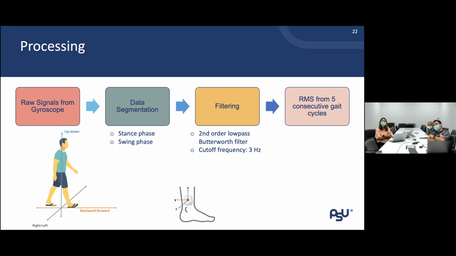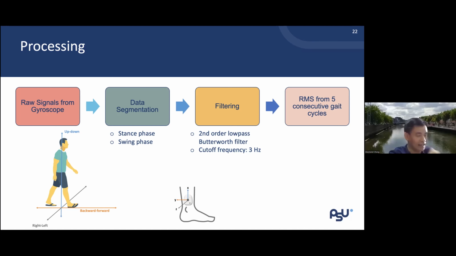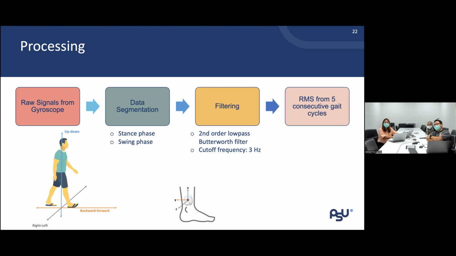And it's quite difficult to see clearly at the waist, because it's just in the middle and there is no rotation for the gyroscope. It's translational, linear motion.